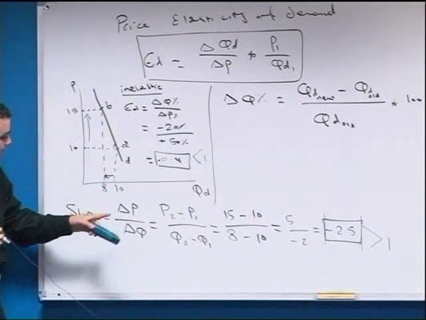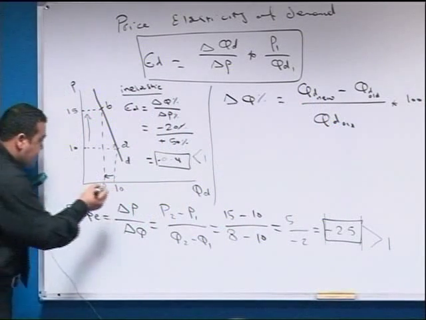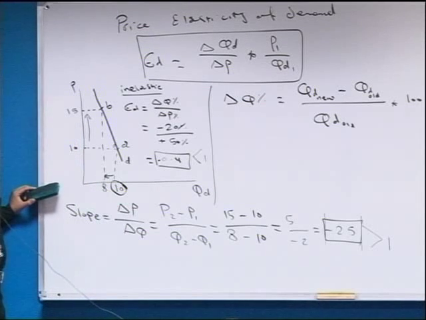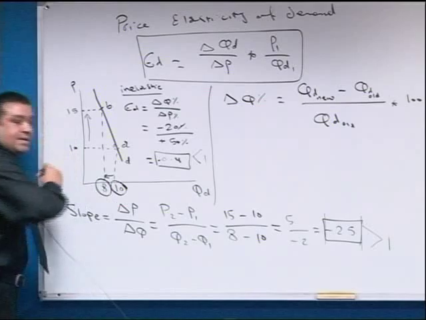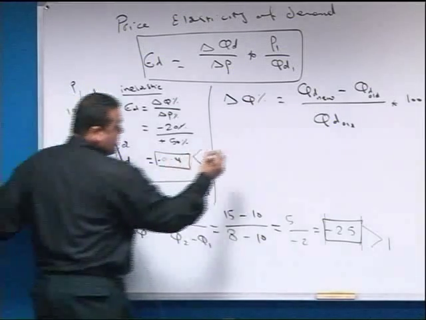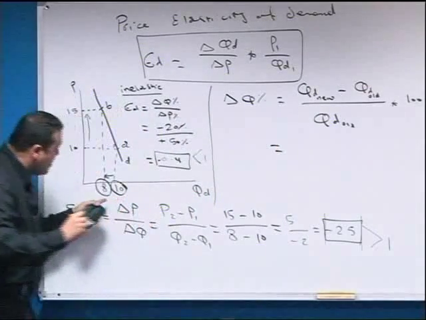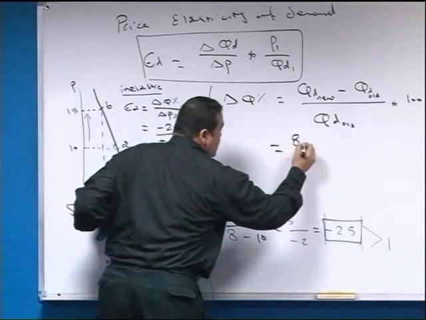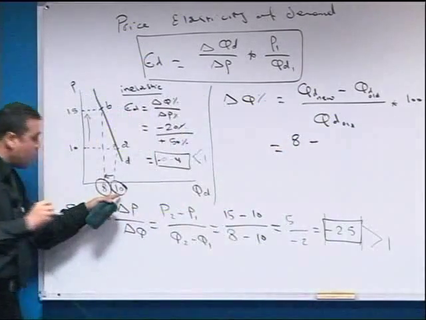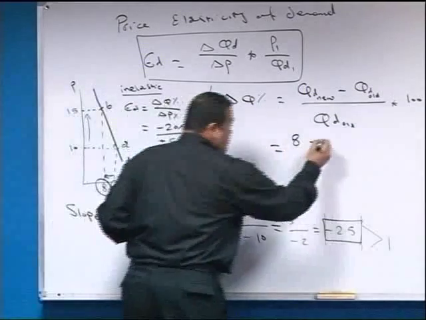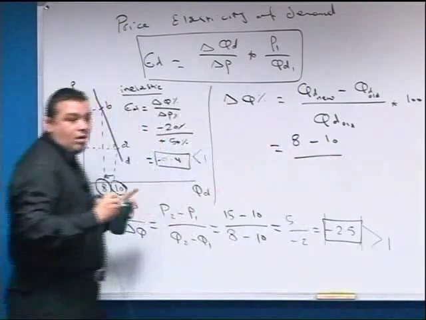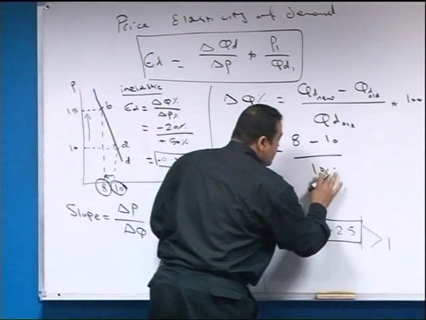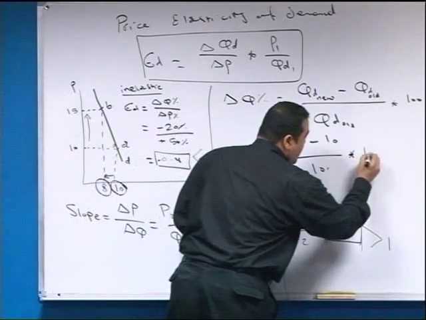So this is the original, or old, quantity demanded, and this is the new quantity demanded. So it equals the new quantity demanded, 8, minus the old quantity demanded, 10, over the old quantity demanded, which is 10, times 100%.